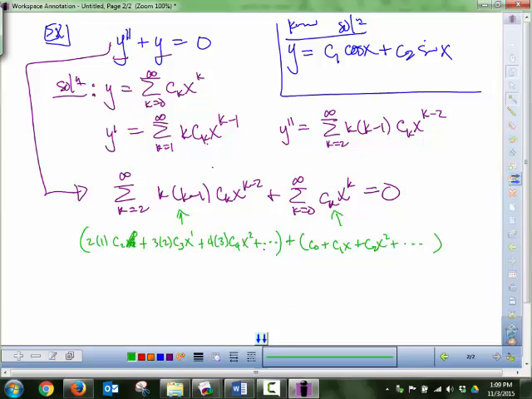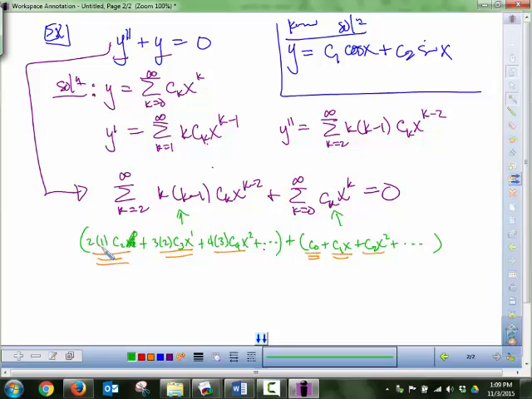And as we look at this, we see that there are matching x powers, right? So we should be able to combine this into one thing.